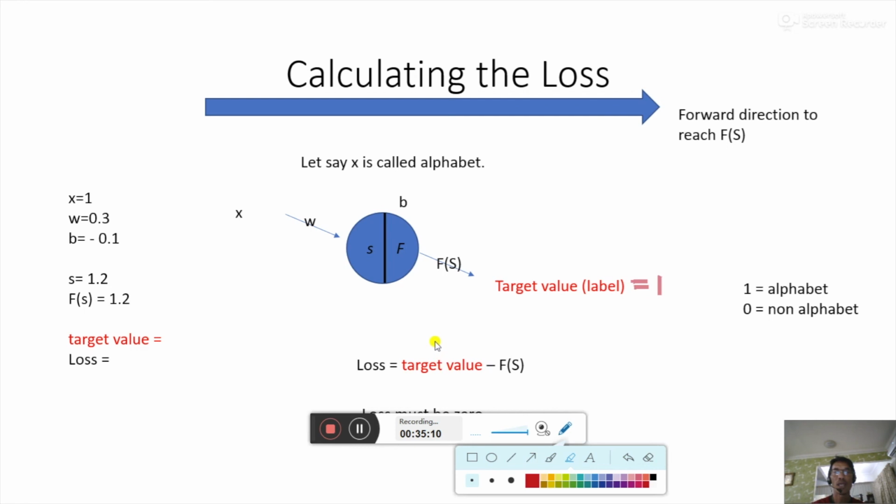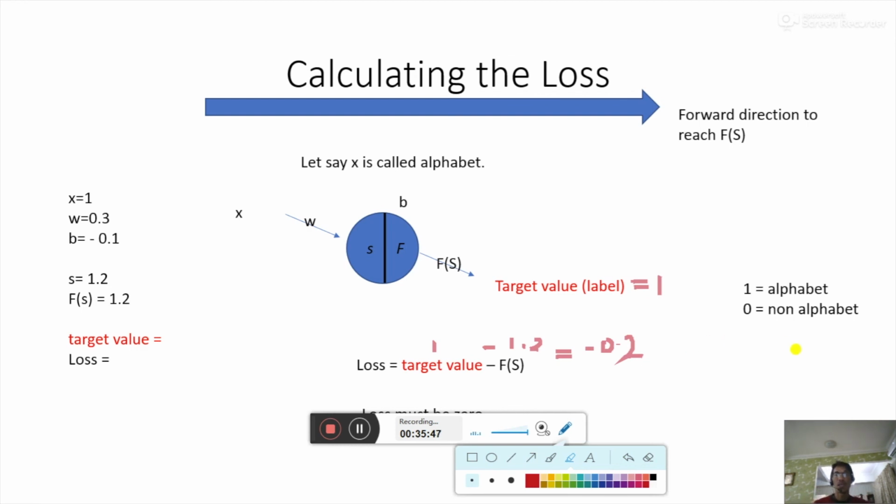Now you have 1 here, minus Fs. You have calculated Fs as 1.2. So 1 minus 1.2 is equal to what? Minus 0.2.